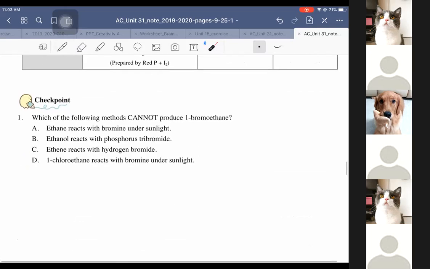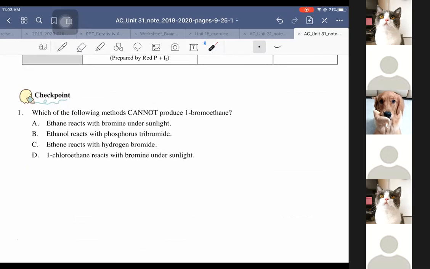So take a look at this checkpoint question. Which of the following methods cannot produce 1-bromoethane? Take a look. The first one, ethane reacts with bromine under sunlight.